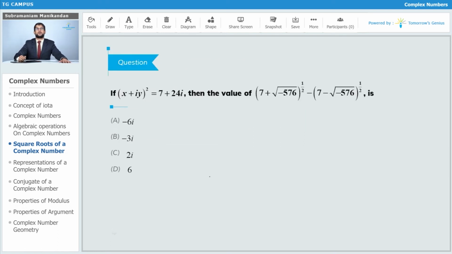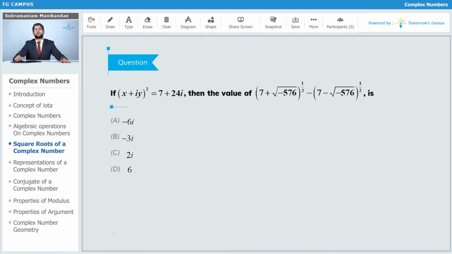Let's take a look at an example which illustrates this. x plus iy the whole square is given as 7 plus 24i. Find the value of 7 plus square root of minus 576 to the power of 1 by 2 minus 7 minus square root of minus 576 to the power of 1 by 2.